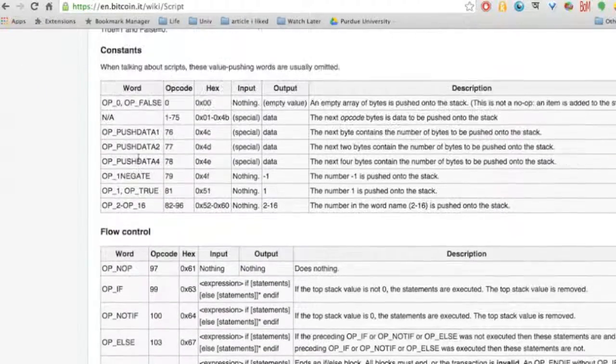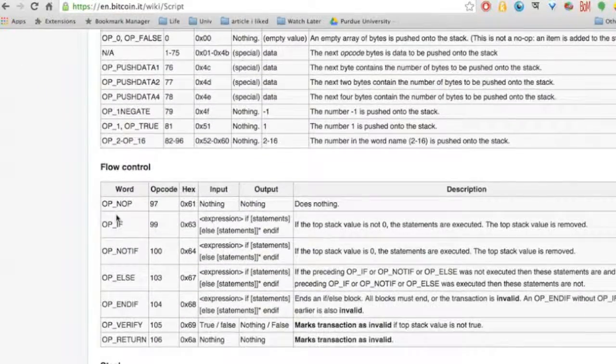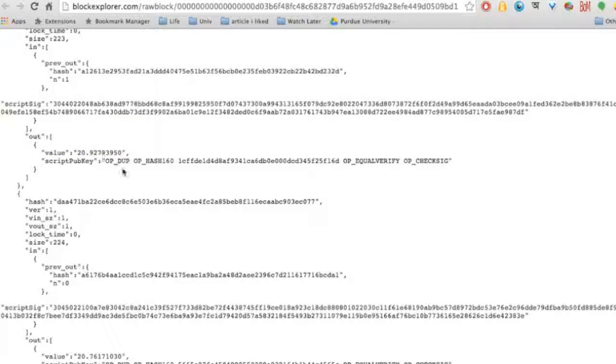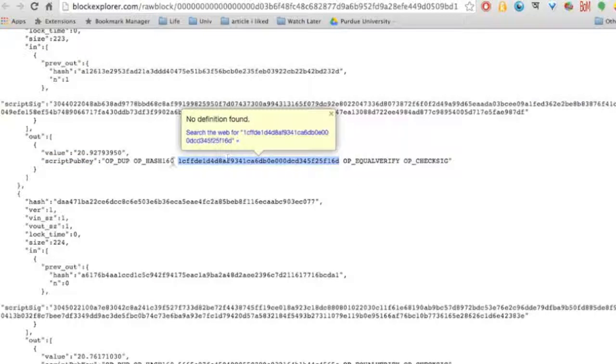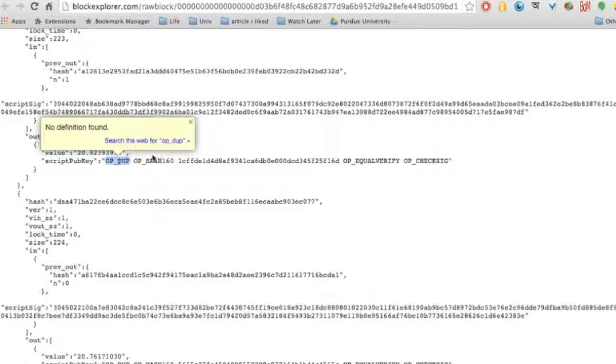In this script, as you can see, here are constants. These are the opcodes of Bitcoin. We'll talk about it later. These opcodes are written in this script pubkey. Okay, what exactly it does, we'll talk about later.